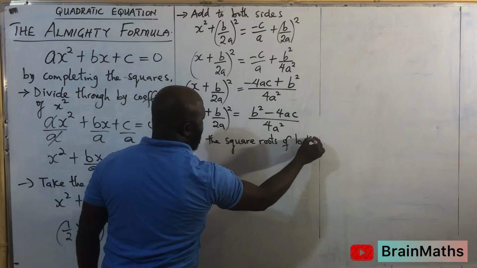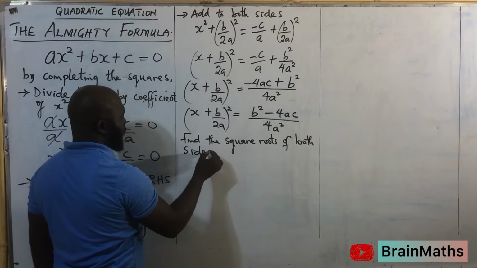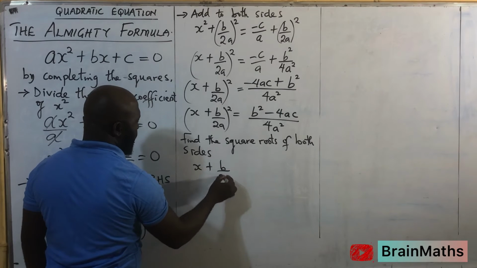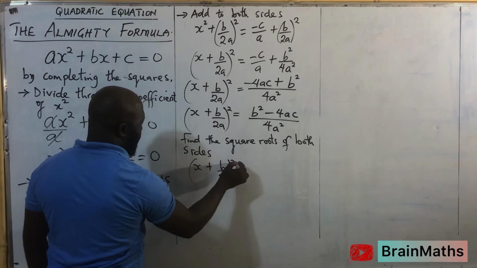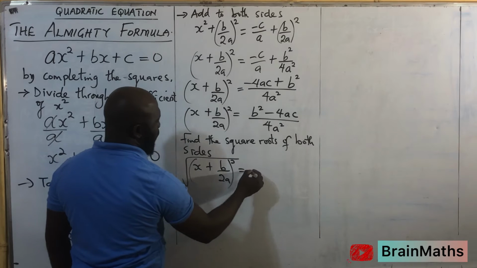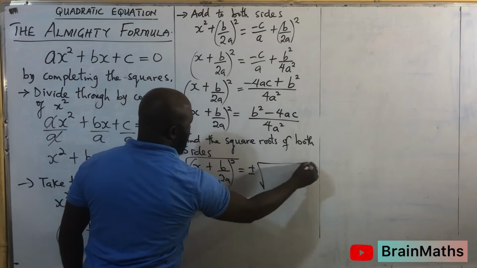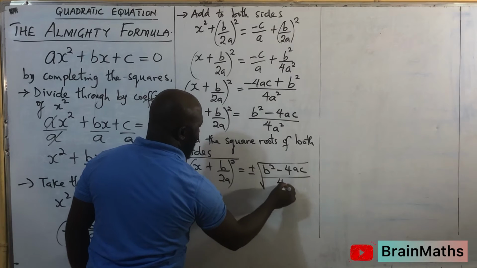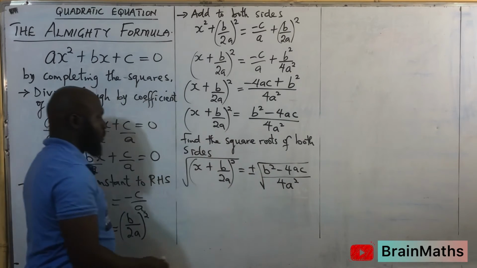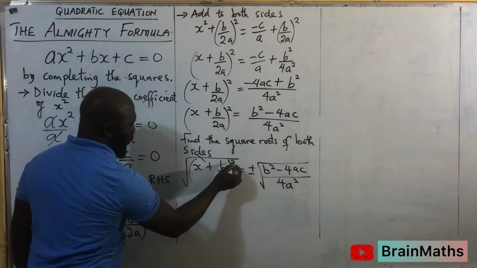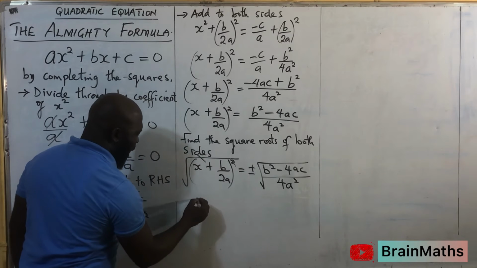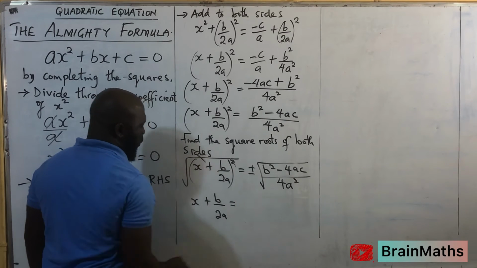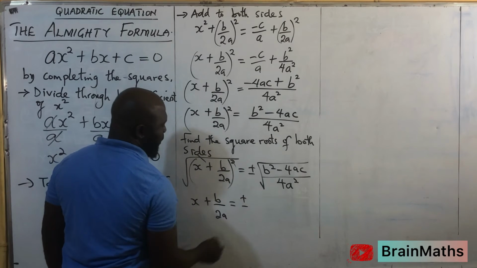So finding the square root of both sides leads us to the square root of x plus b over 2a squared equals plus or minus the square root of b squared minus 4ac all over 4a squared. This square root, we cancel this square. So we have x plus b over 2a equals plus or minus.